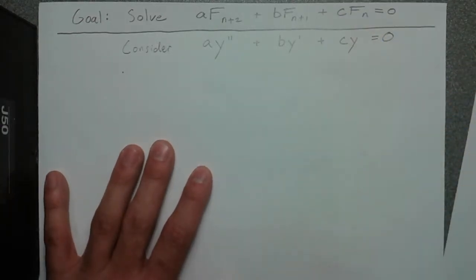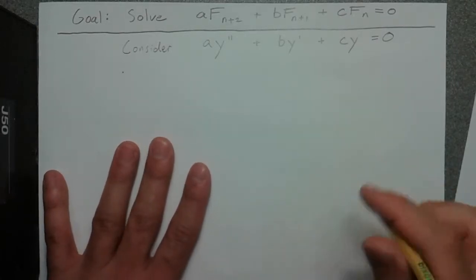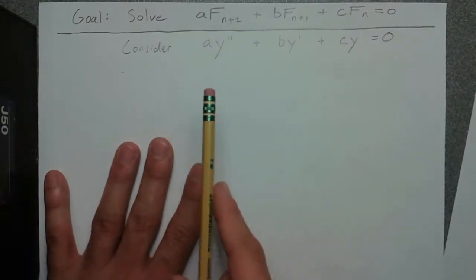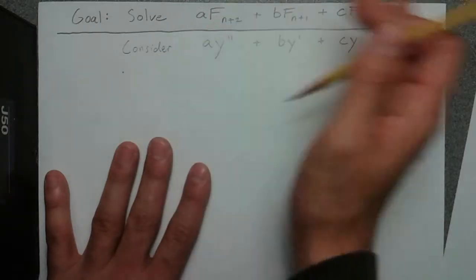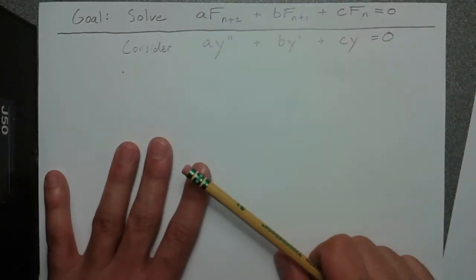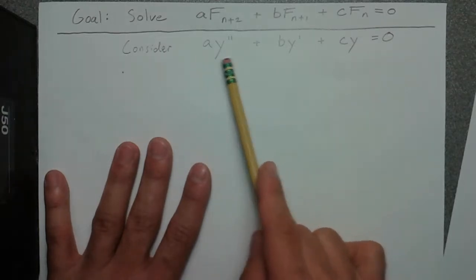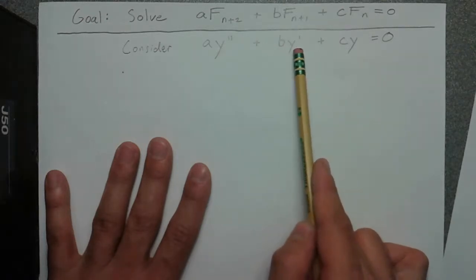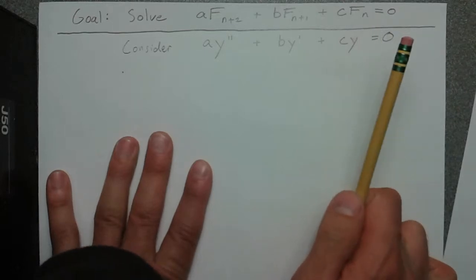So the first step is I'm going to differentiate both sides. I'm considering y as a function of t, and since this is a linear differential equation, and since differentiation is a linear operation, if you differentiate both sides, you have y triple prime plus by double prime plus cy prime is equal to, derivative of 0 is just 0.